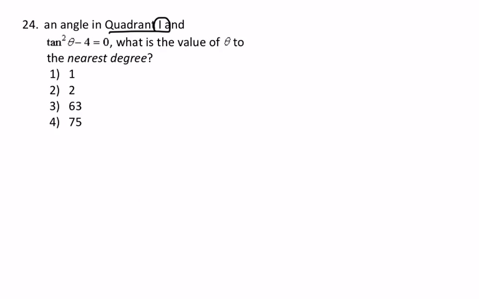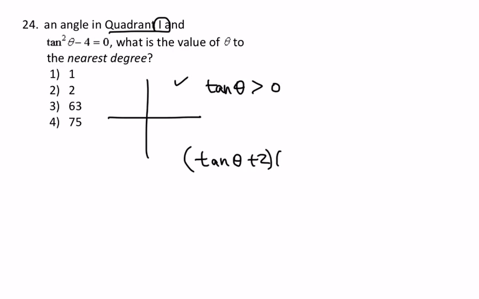An angle in quadrant 1 has that one. So what we can do is try to factor, and tangent must be greater than 0 here, as you can see. Using the difference of squares, we get tangent theta plus 2 and tangent theta minus 2 is equal to 0.